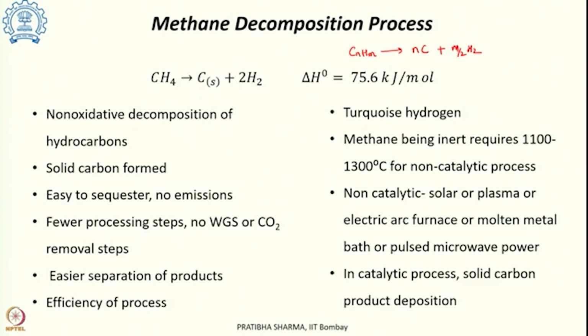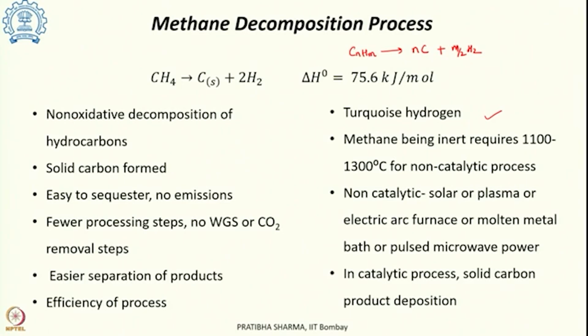Although it is less efficient, typically it is 58% efficiency, similar to steam methane reforming with carbon capture, use and sequestration. The hydrogen produced using this method is called turquoise hydrogen. That is the color code assigned to hydrogen produced using the methane decomposition method.